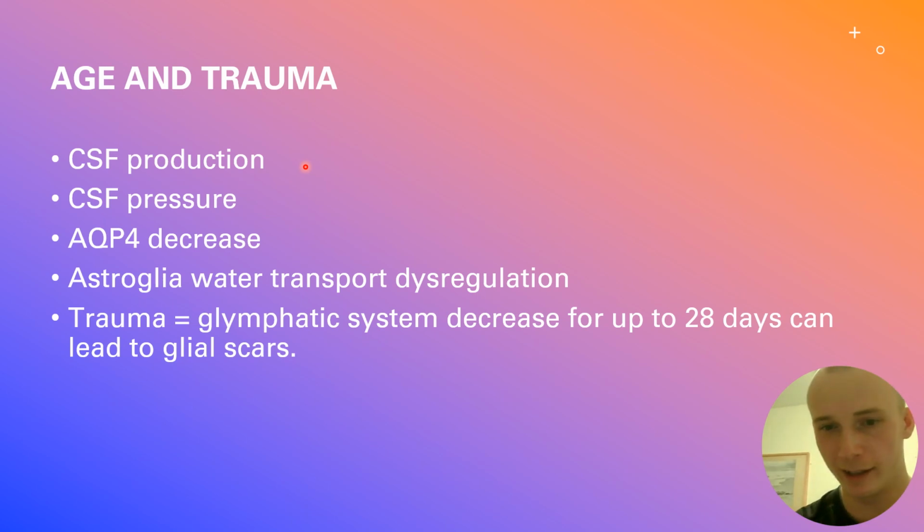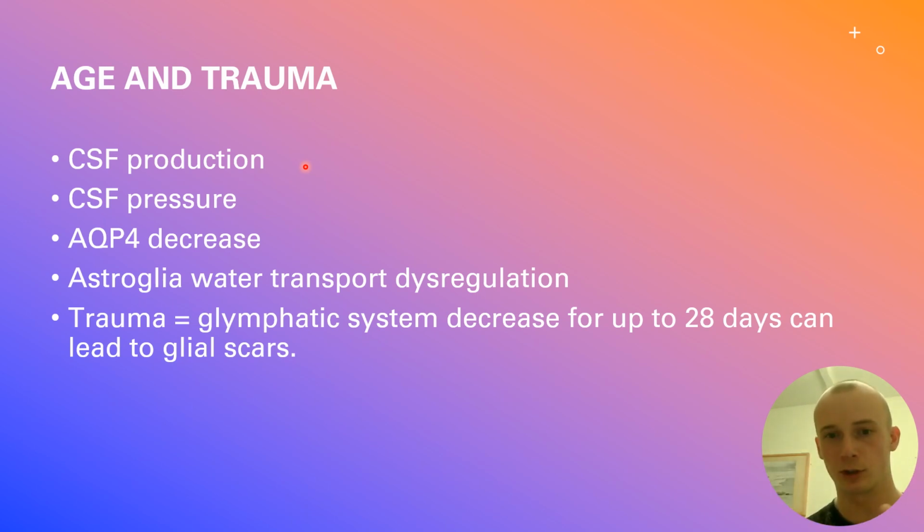So when we look at increased age, we have that decreased CSF production, which leads to a decreased CSF pressure. Compounding with this, we have a decrease in aquaporin 4 channels and function.